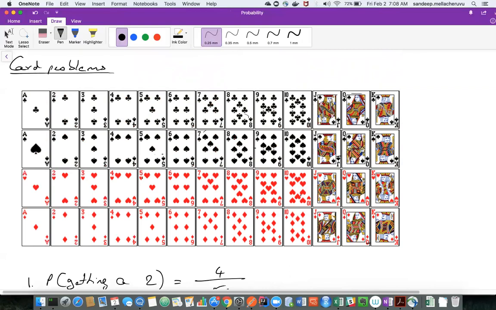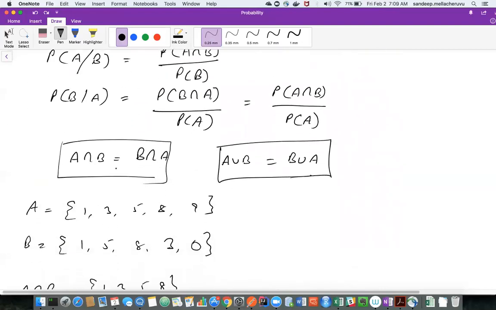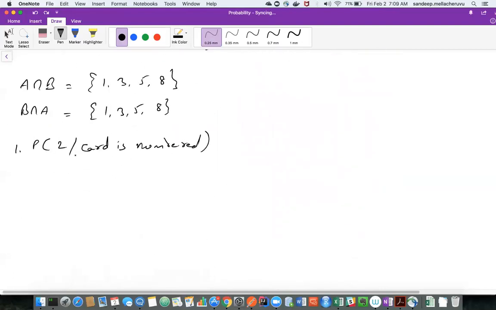So you don't have to worry about all the 52 cards now. You know that it is already a numbered card, which is how many? Only 9 into 4, 36. So your sample space is reduced because of the condition. Remember this very carefully. Because the condition is there, your sample space is not 52 now, it is simply 36.